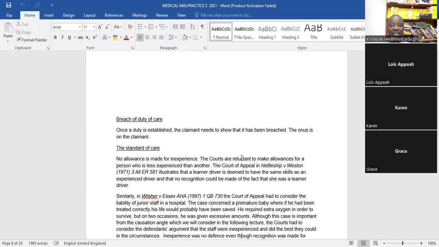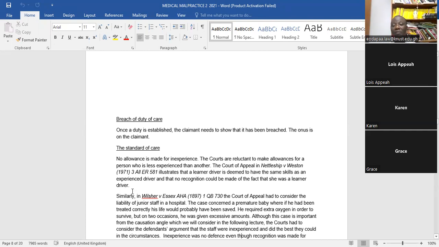There's a certain yardstick which the person was supposed to live by, which the person was supposed to conduct himself by, and he or she, for example, did not do that. And that is why you are saying that there was a breach of duty of care in that particular case, as it were.